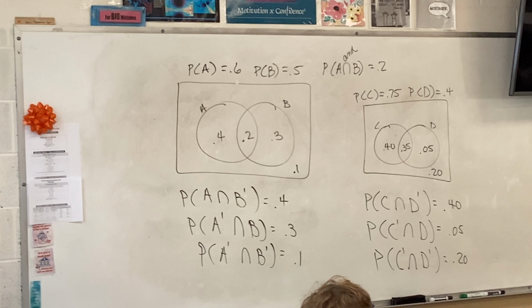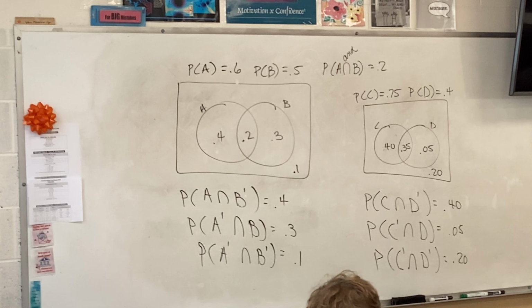How many outfits are possible if you have 4 pairs of pants and 6 shirts? 24. Why is it 24?